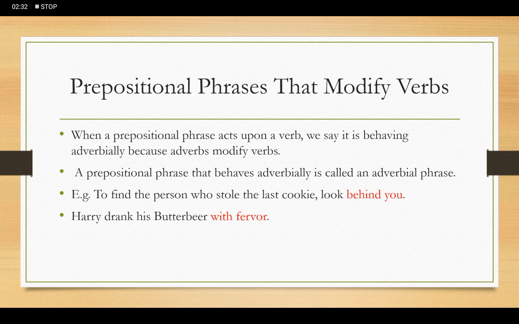Harry drank his butterbeer with fervor. So in these two examples, we find the prepositional phrases behind you and with fervor. They are behaving adverbially because they are modifying the verbs of the given examples.